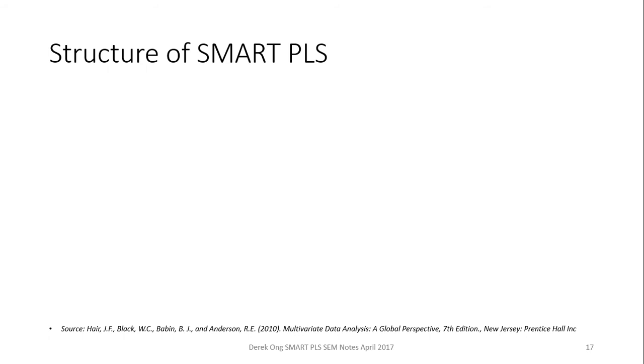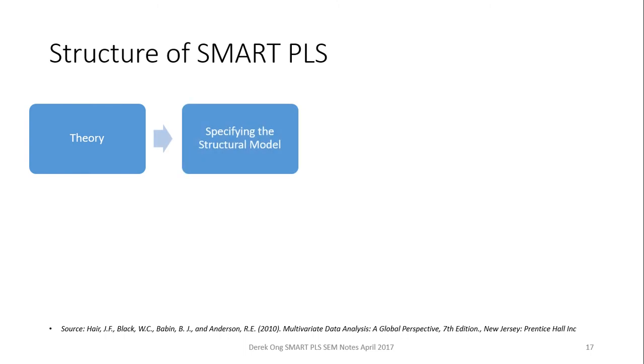Before I continue on with the series, I need to first show you a brief overview of how SmartPLS is used in terms of a process. As I mentioned in my video number 1, you must always have a theory to help you build your SmartPLS model.